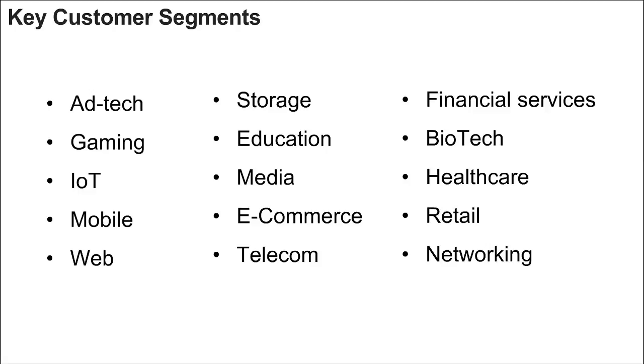IoT is a key streaming scenario, where devices are getting smarter and streaming back information, whether they are trucks or thermostats or what have you. Those data are getting streamed back into cloud providers for analytical purposes.